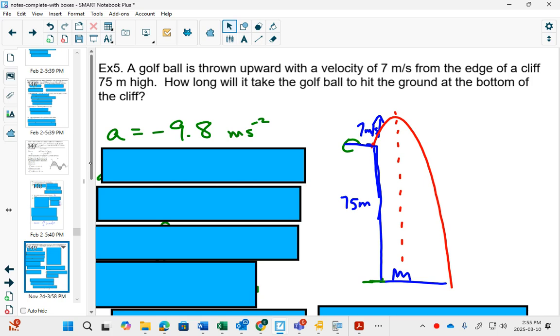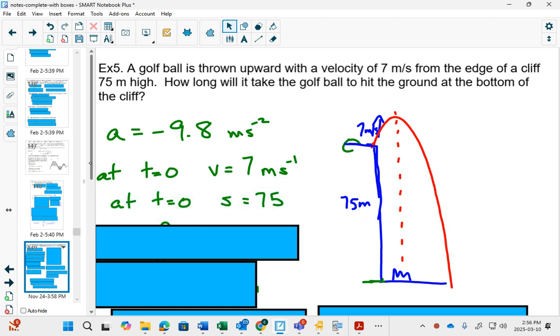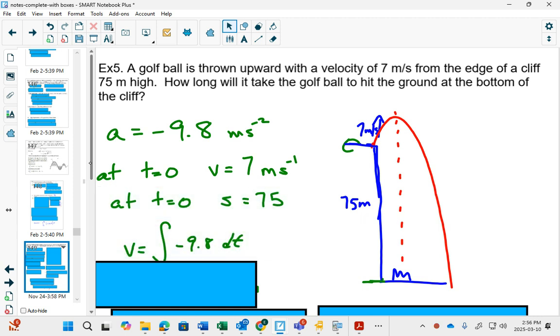So you know your acceleration is a constant negative 9.8 meters per second squared. And if we know our acceleration, we can work backwards. I know that at time 0, my initial velocity is 7, and my initial displacement is 75.